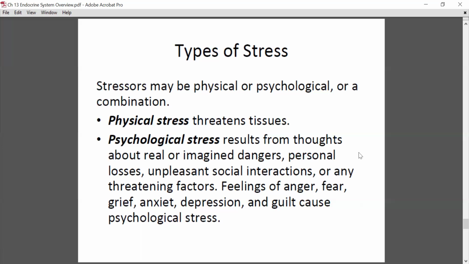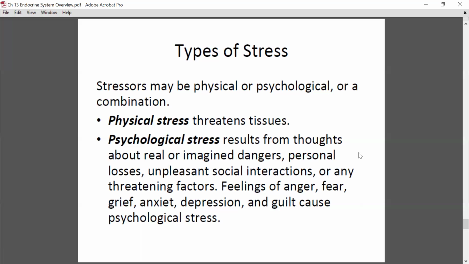Personal loss can create a psychological stress. So that could be the loss of a loved one, the loss of personal property, any kind of personal loss. That loss will create a stress, some type of unpleasant social interaction. You have to go to an event that you really don't want to go to.